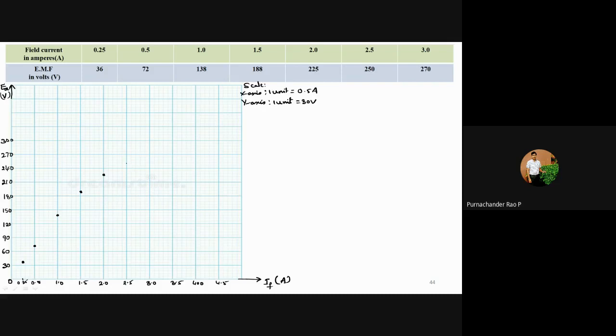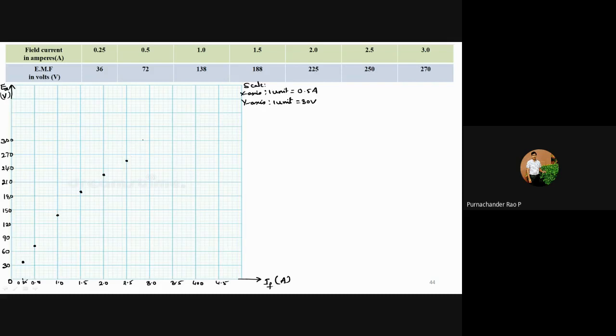So 6, 12, 12 plus 3, 6 here. At 2.5, 246, 252, 255. Sorry, this should be 250, so 246.